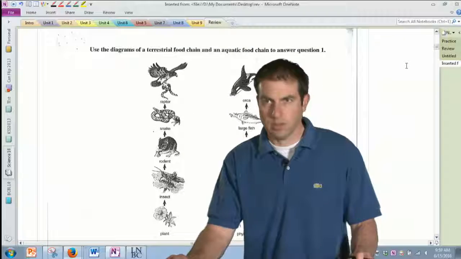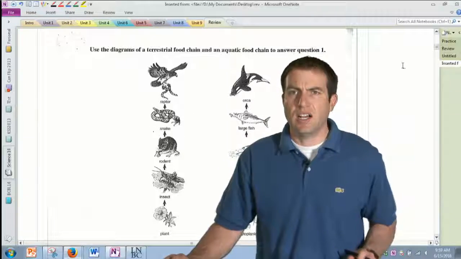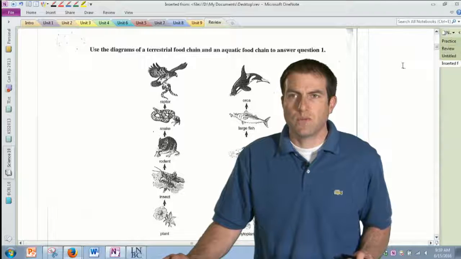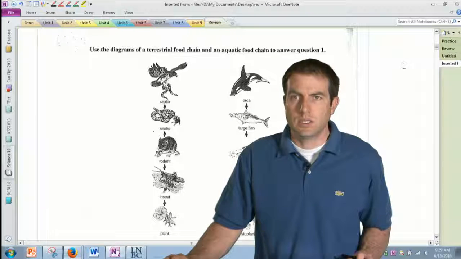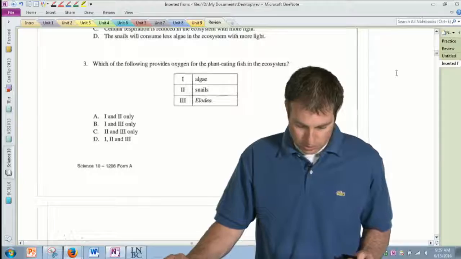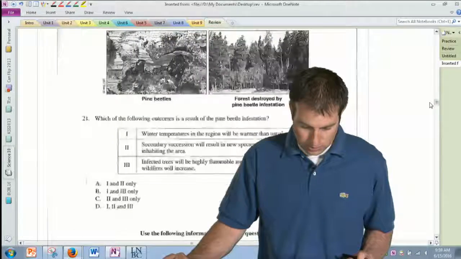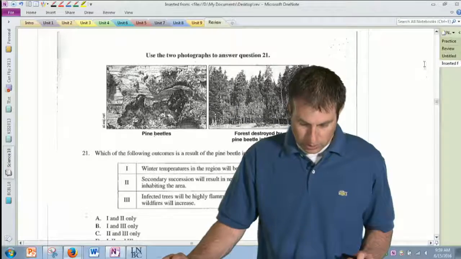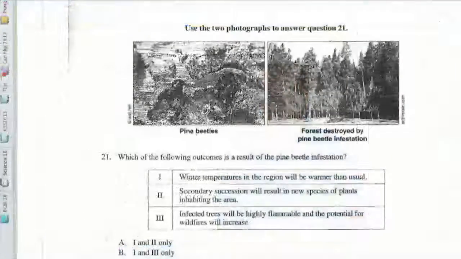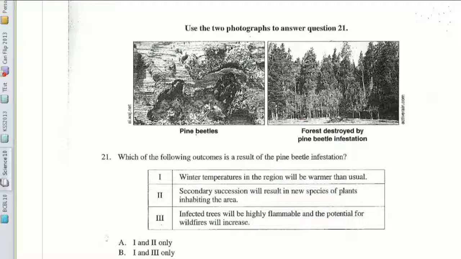With the pretty picture to start. Is this the one we're looking at, Ava, with the 2 pictures, forest destroyed by pine beetle? Or do I have the wrong exam? I'll pretend I have the right one until you tell me otherwise.